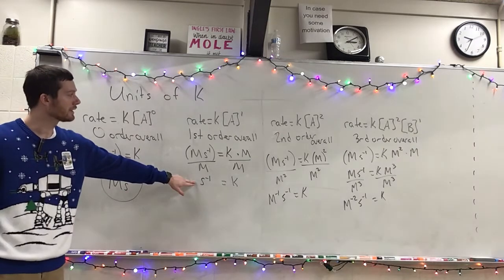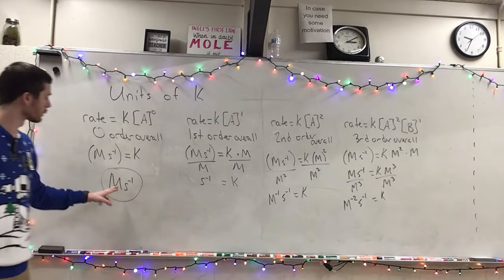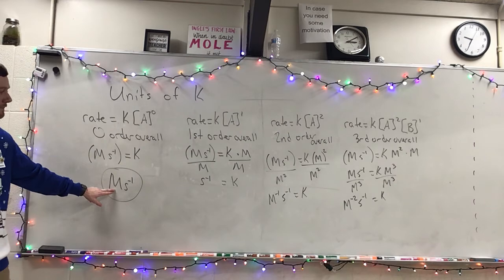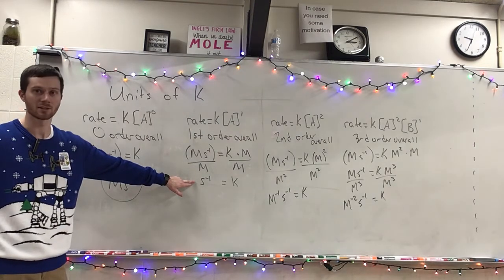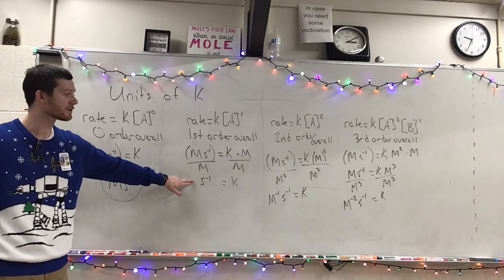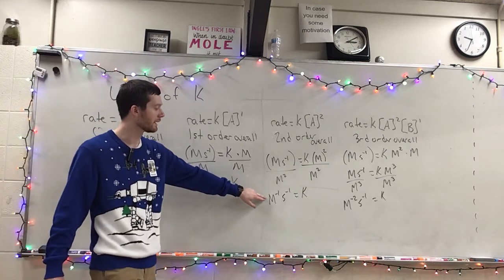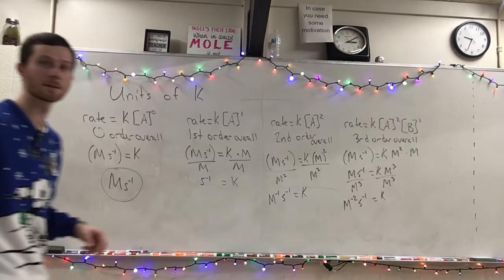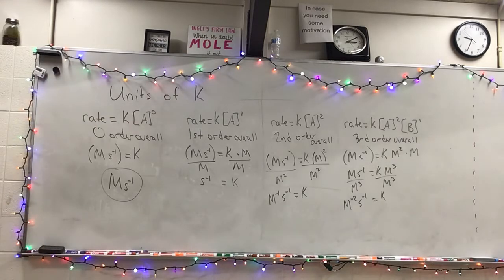And then every time you increase the order overall, you're taking away a power of M. For example, this is M to the 1st power. M to the 0th power cancels, leaving you with just seconds inversed. Take away another power of M, and it's M to the negative first. Take away another power of M, and it's M to the negative second. However you want to go about this, you need to be able to correctly identify your units for k.